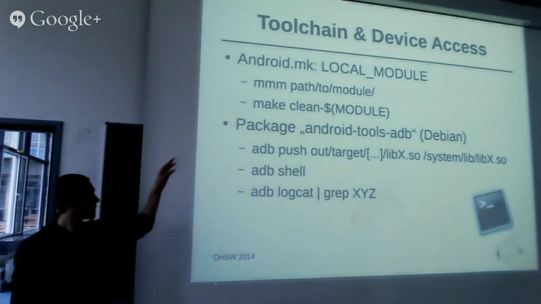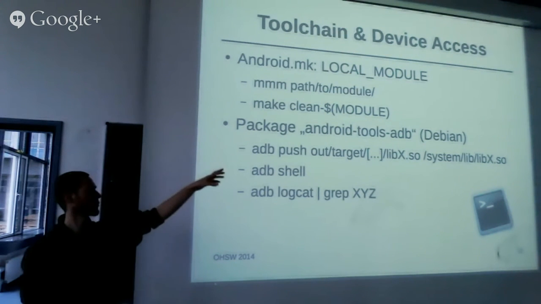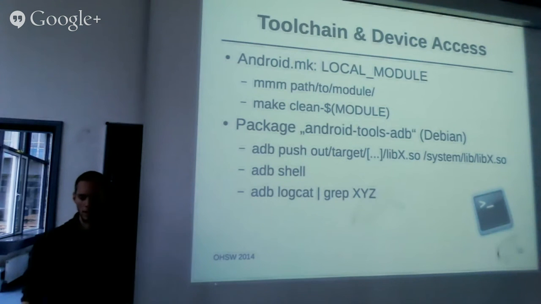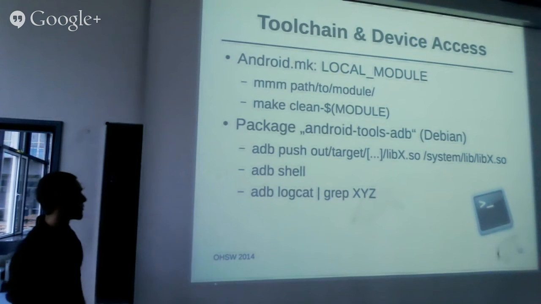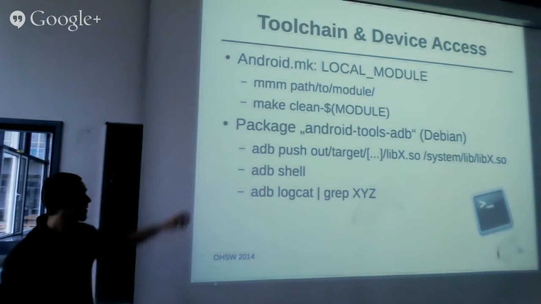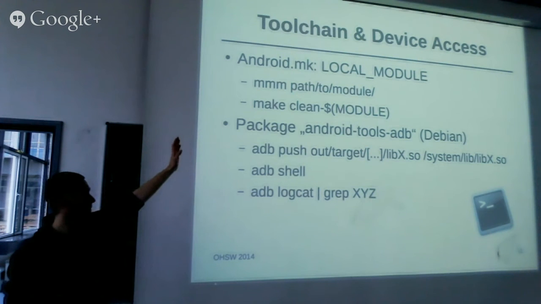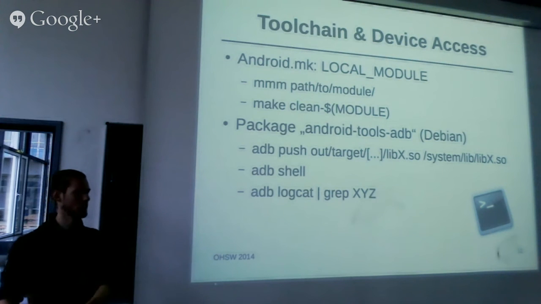And if you take a look at one of the android.mk files, you will usually find a LOCAL_MODULE variable, and this is set to some name. For example, the modem abstraction library is called Hey Sril, and then it will have LOCAL_MODULE equals that name. Then, for example, if you did some tests, changed the code and then compiled it using mmm, you can just specify the path of where the source is located.